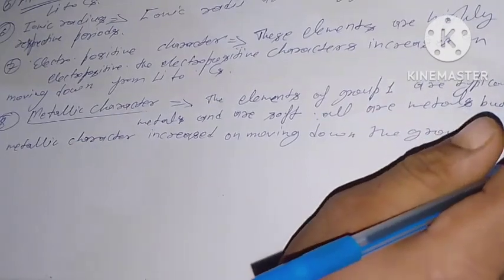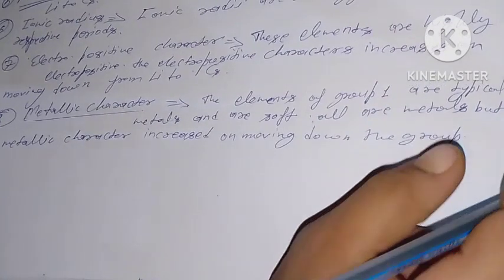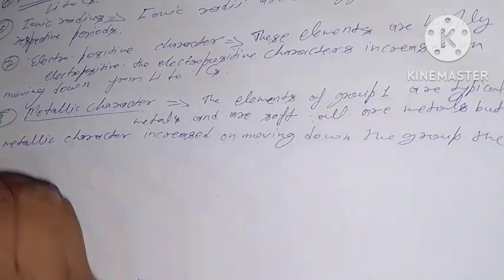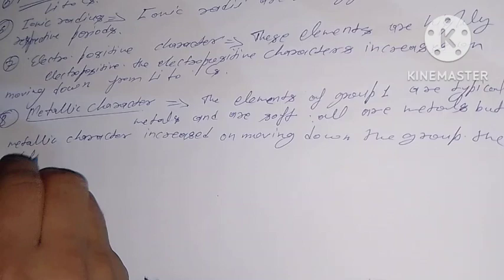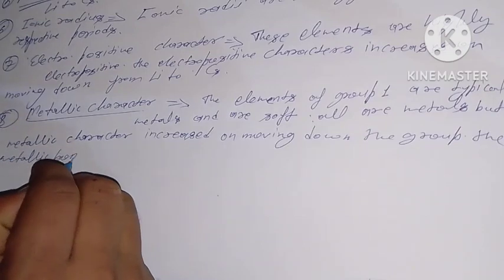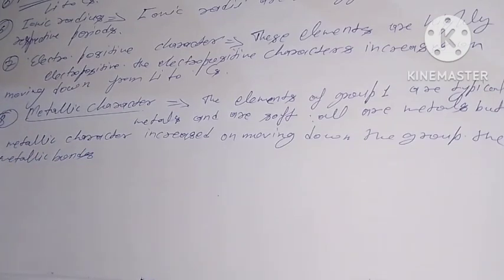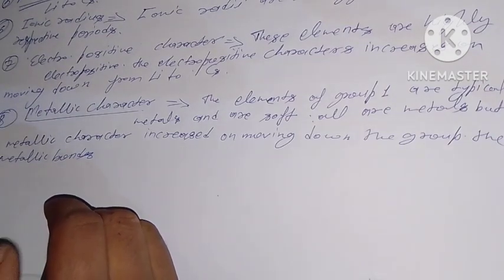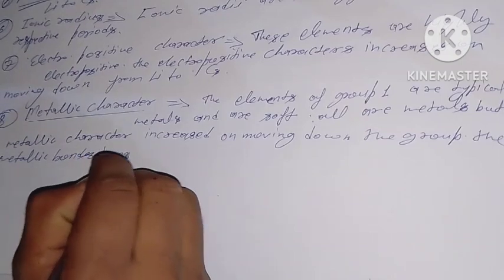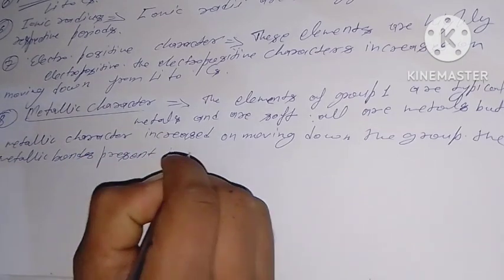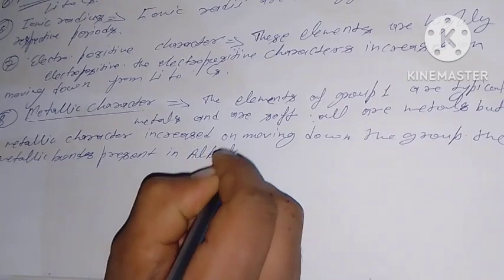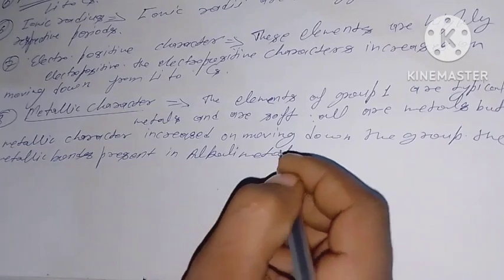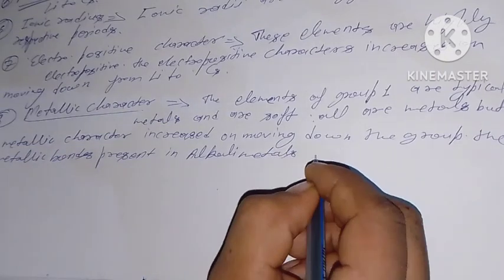The metallic bonds present in alkali metals are very weak.